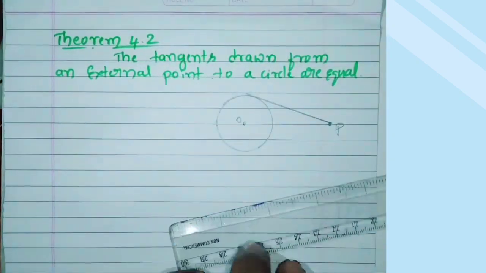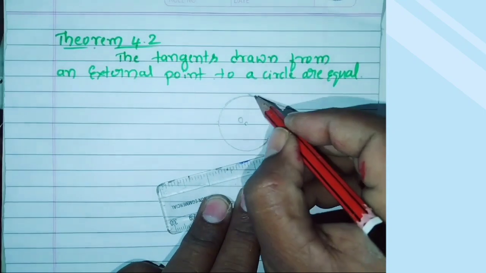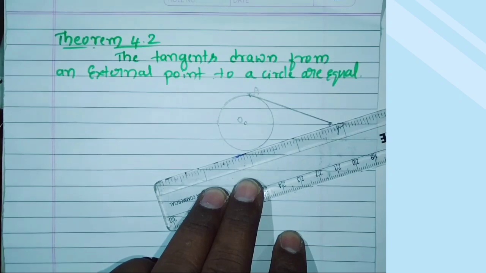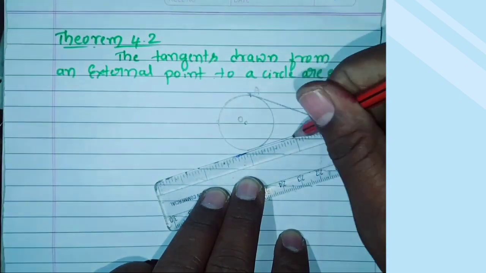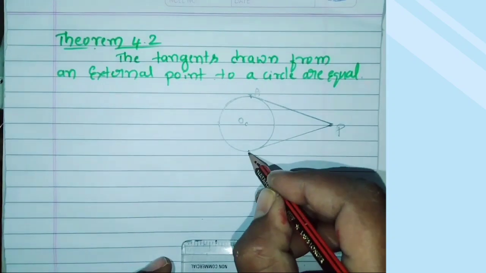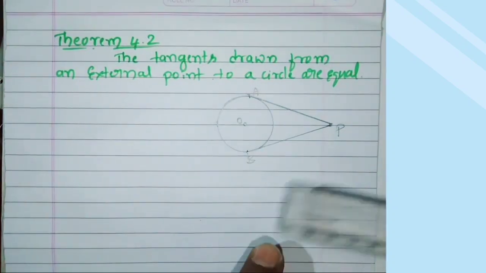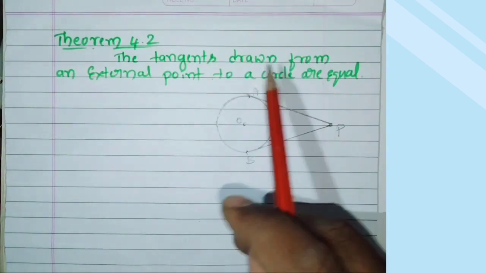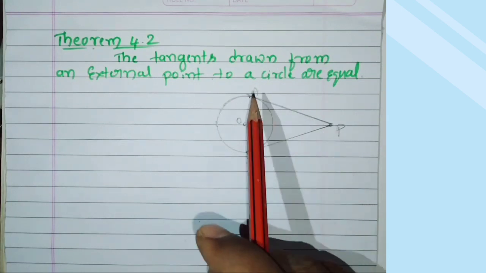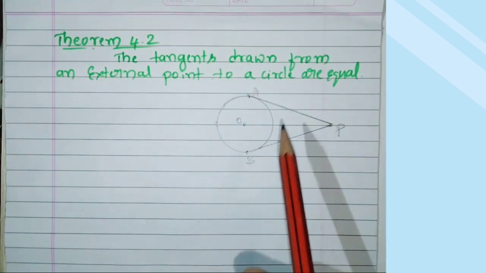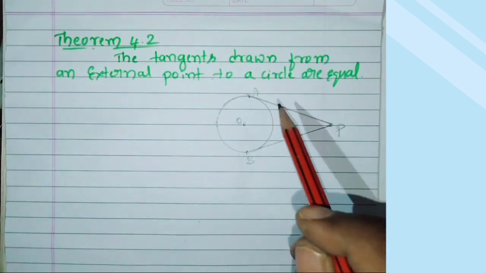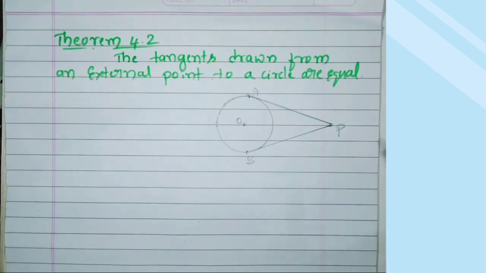One is AP, name it as A, and one more tangent, this, so this is called B. Okay, now according to the statement of this theorem, the tangents drawn from an external point, that is PA and PB, these 2 tangents are equal. These 2 tangents AP and BP both are equal. This we need to prove.